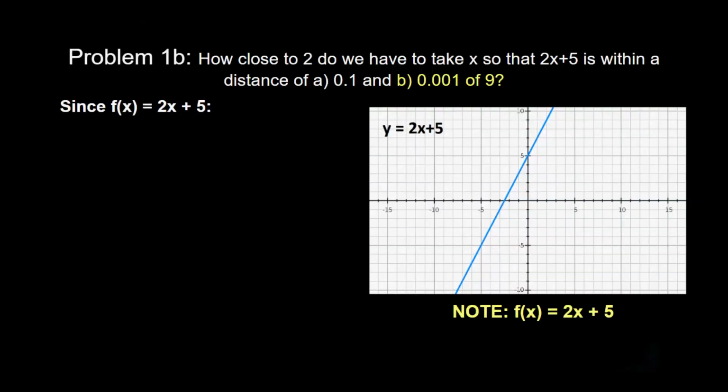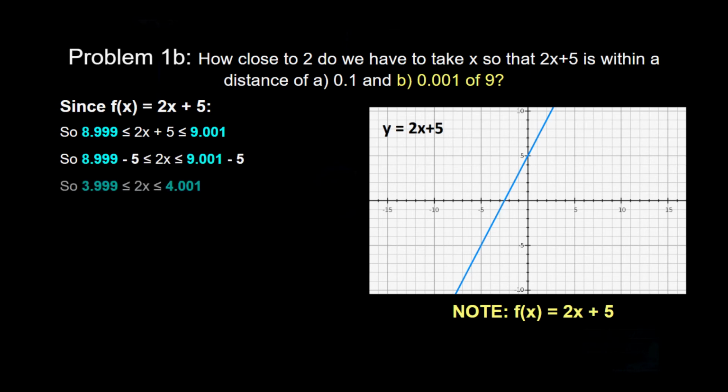Again, since f of x is equal to 2x plus 5, we can substitute it into the inequality and do the same thing as we did in part A. We subtract 5 from each side. That gives us 3.999 is less than or equal to 2x, less than or equal to 4.001.